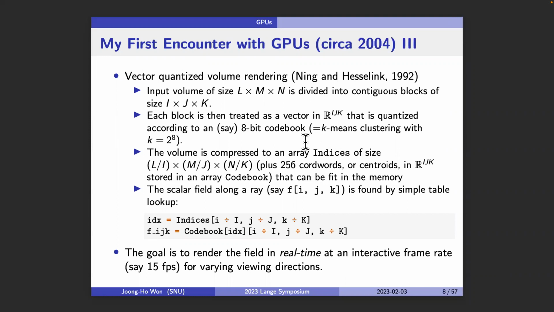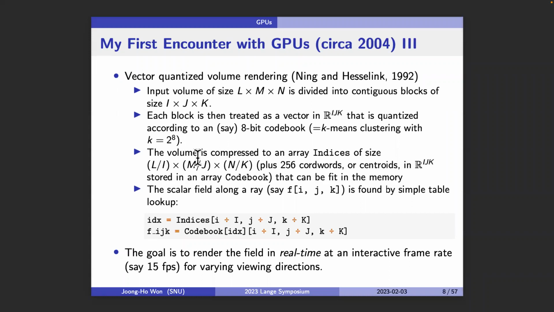In statistical terms, this is equivalent to K-means clustering, with 2 to the 8 centroids, and do a nearest neighbor mapping to the nearest centroid. Then that makes an effective compression of the data.